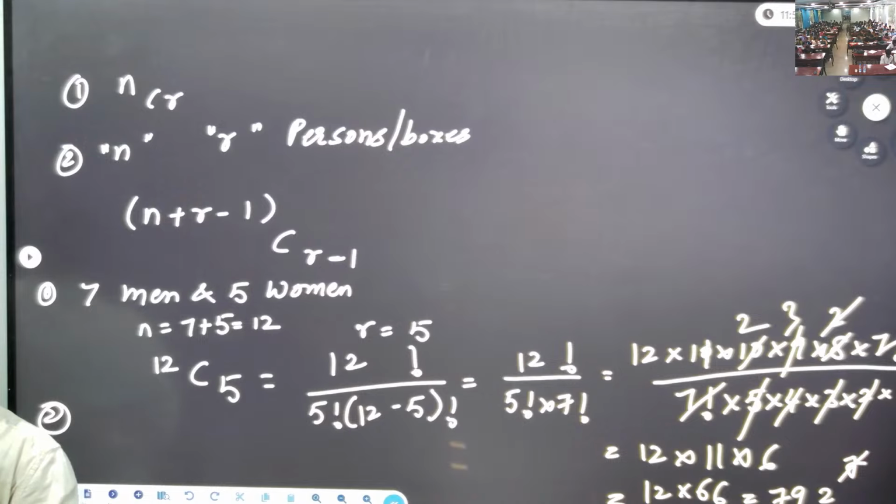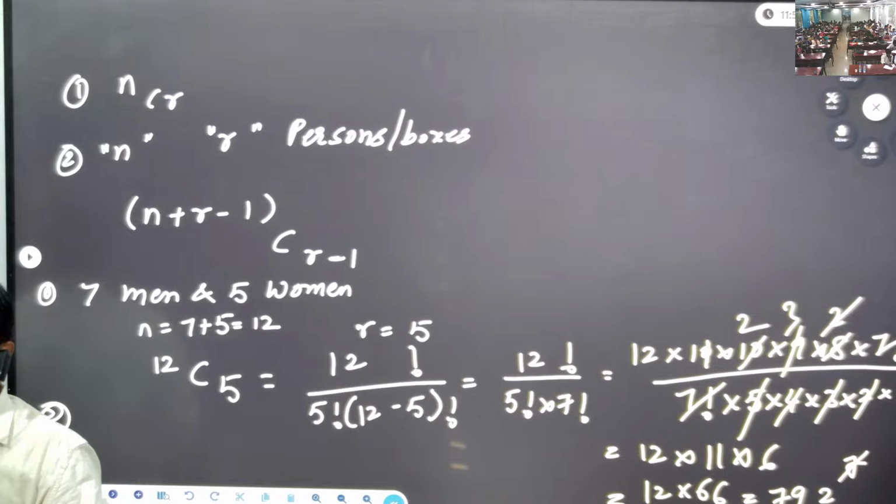So for the previous question, additionally we have added the constraint, that is a condition. One condition we have kept, the committee must contain one man and one woman. So what is your answer? How many men are there completely?